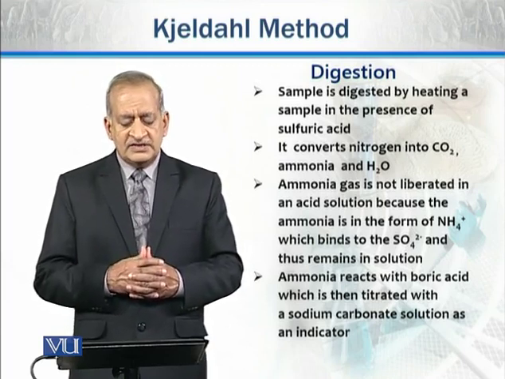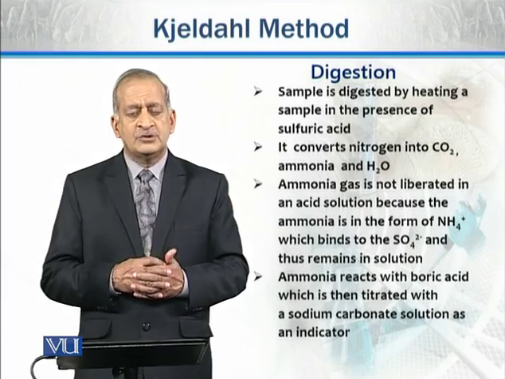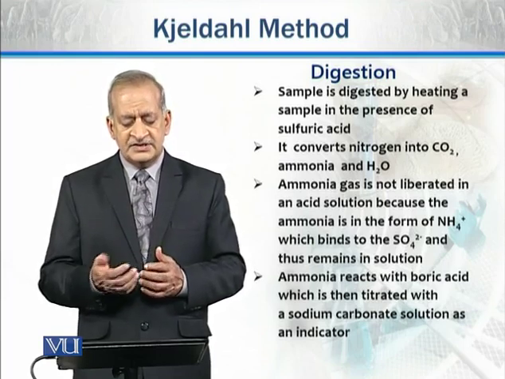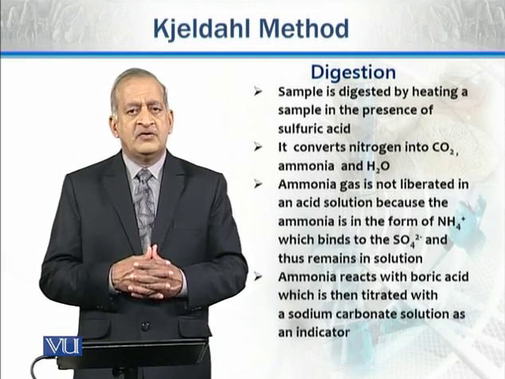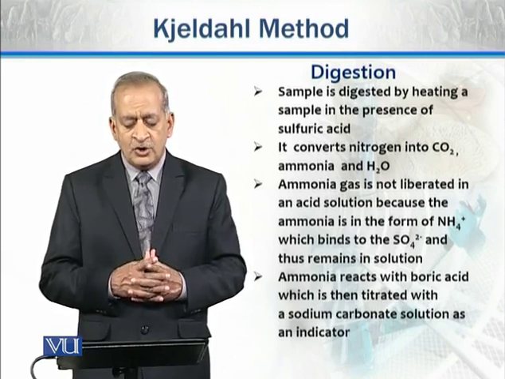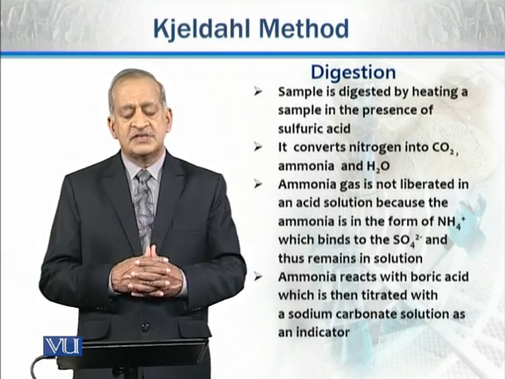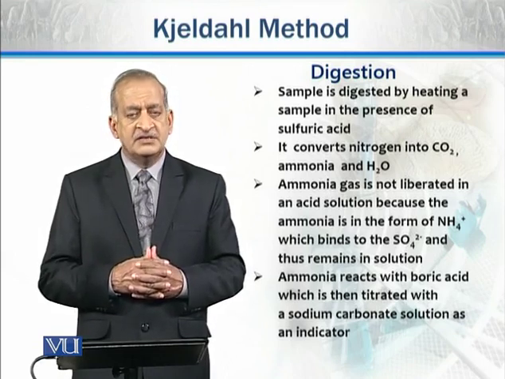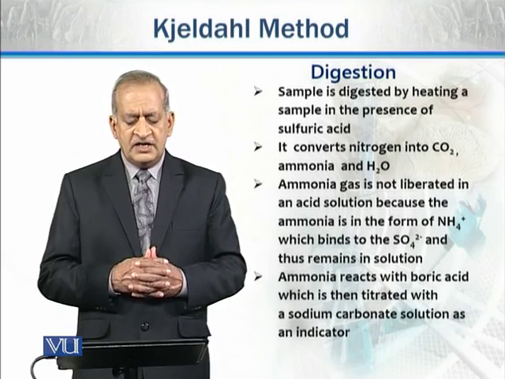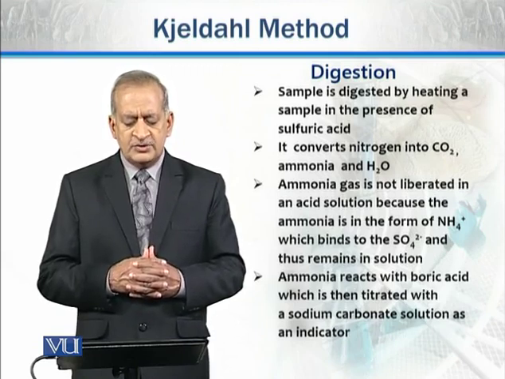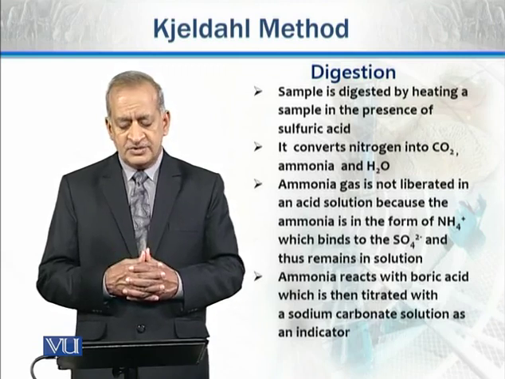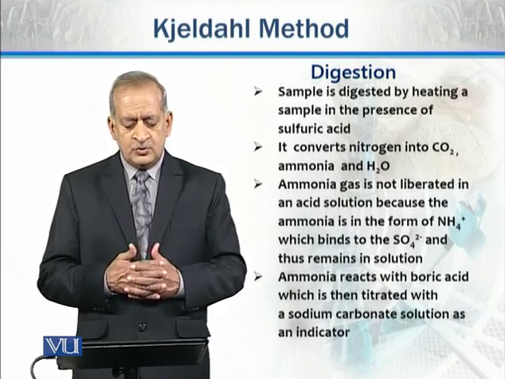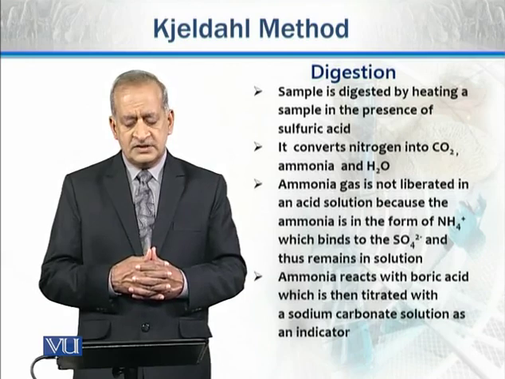The ammonia gas which is formed here is not liberated as it is, because the ammonia is in the form of ammonium ion, which binds to sulfate ion and remains in the solution. Similarly, this ammonia also reacts with boric acid, and ammonium borate is formed, which is titrated with sodium carbonate solution.